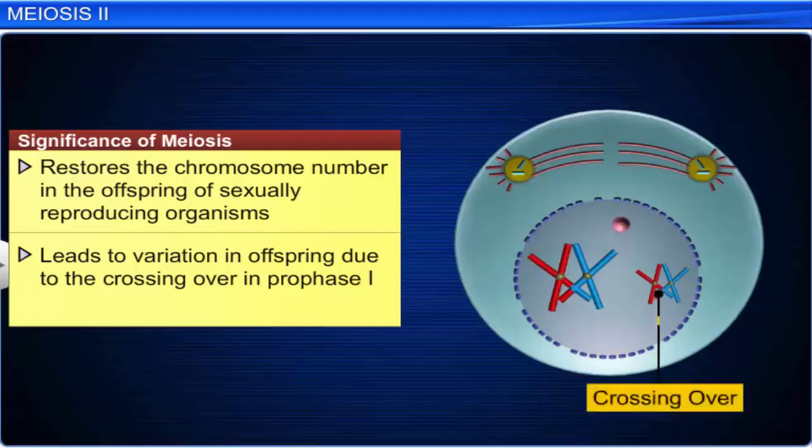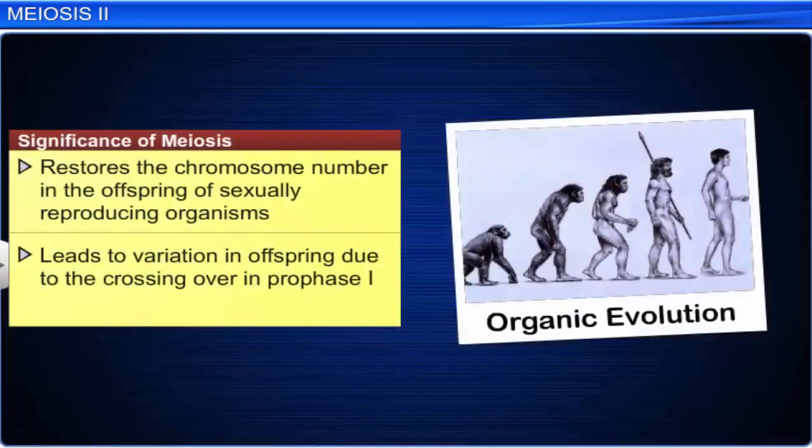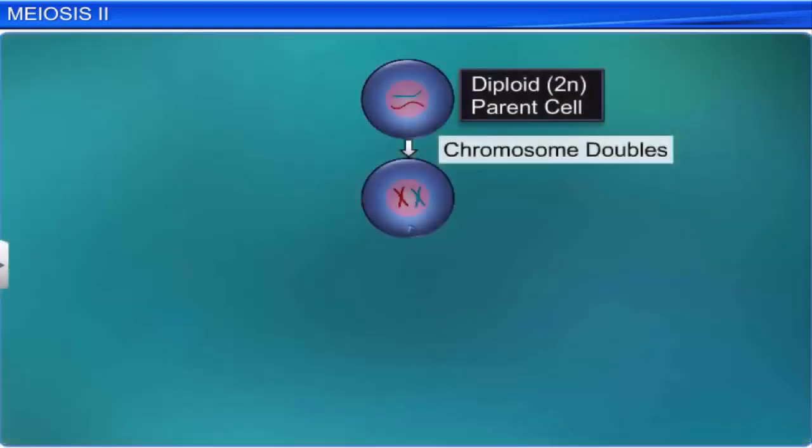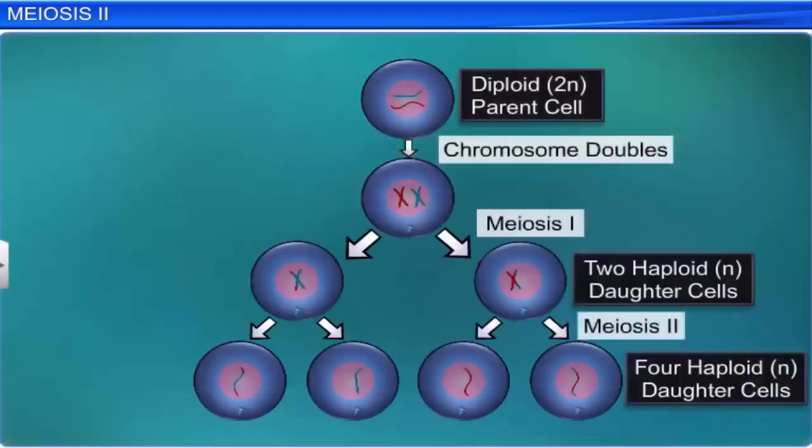Variation plays a very important role in the process of organic evolution. Meiosis plays a vital role in sexually reproducing organisms. The process takes place only in reproductive cells or germ cells and is also known as reduction division, as the number of chromosomes is reduced to exactly half in the daughter cells.